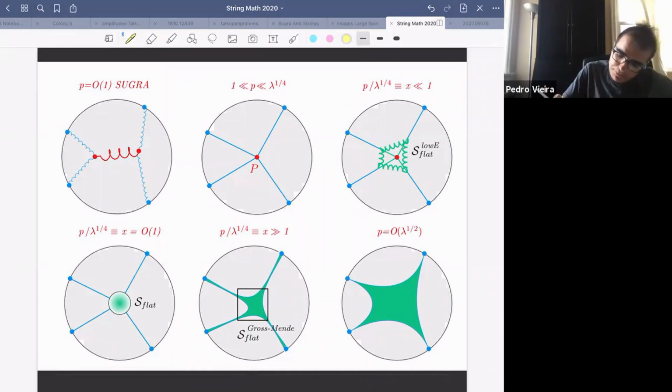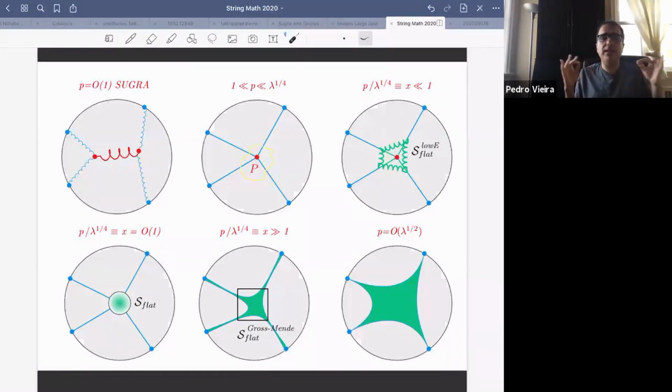Okay, then p starts to be large. And when p starts to be large, these interactions want to propagate towards a region, which would be the interaction region. You can think that the propagators become classical geodesics, and they meet wherever minimizes the cost of this propagation.